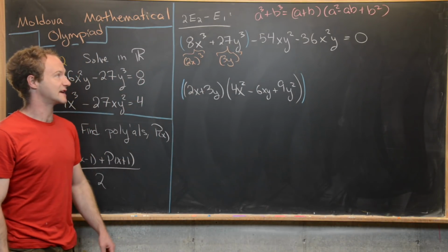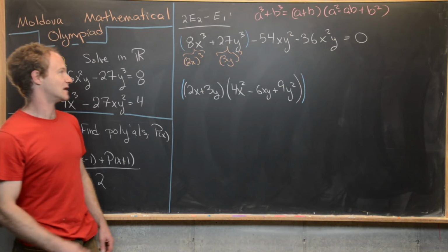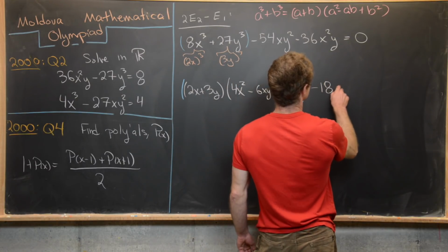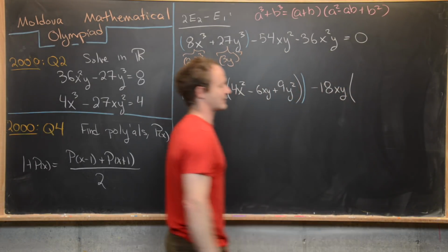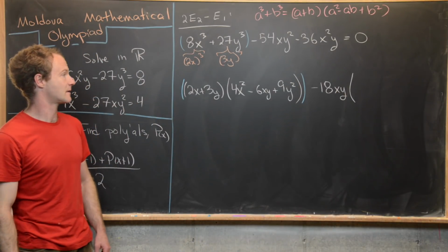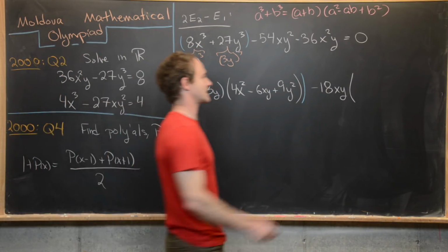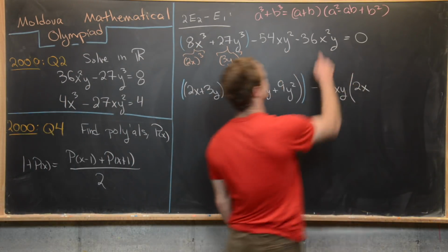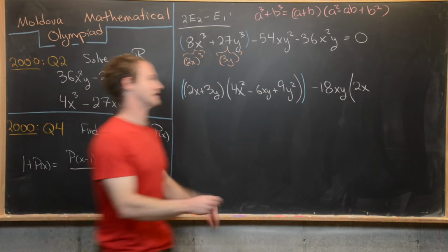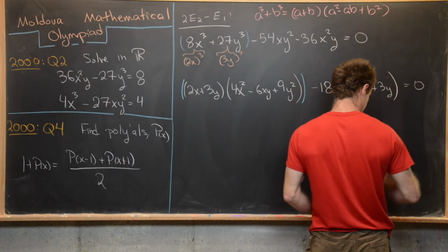So notice we've got a greatest common factor of 18 times x times y. Maybe we'll take out a minus 18 times x times y just to make everything positive inside. Let's see what that's going to leave us with. So 36 divided by 18 is 2, and that's going to leave us with 2x because we've got an x squared. 54 divided by 18 is 3. That's going to leave us with a y. So we have plus 3y, and this is equal to 0.